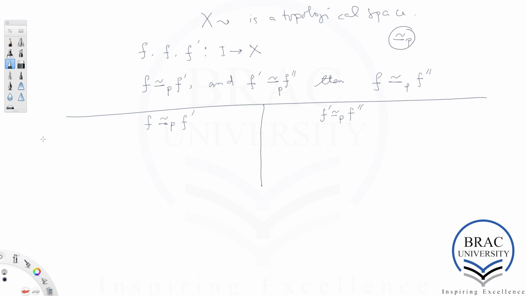So let big F be a path homotopy between f and f prime. Which means that big F is a continuous function from I cross I to X, right?